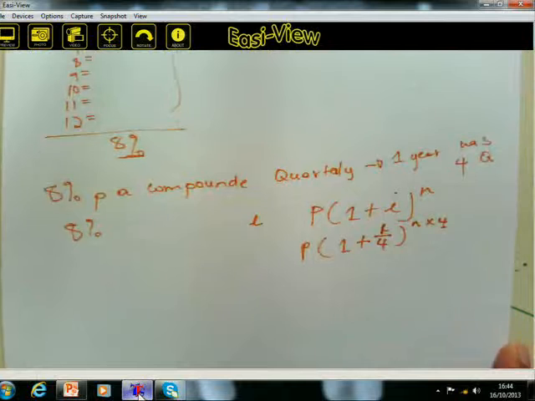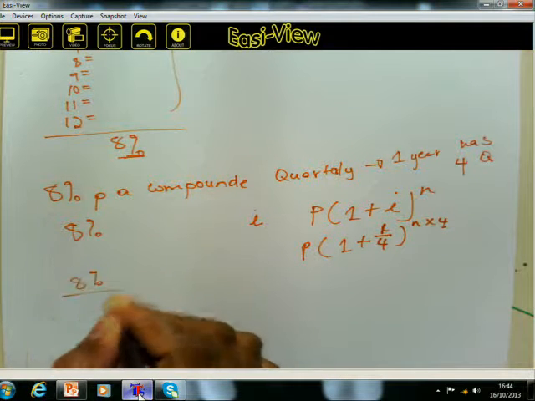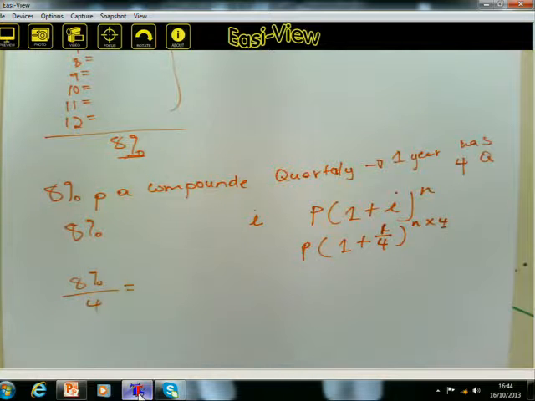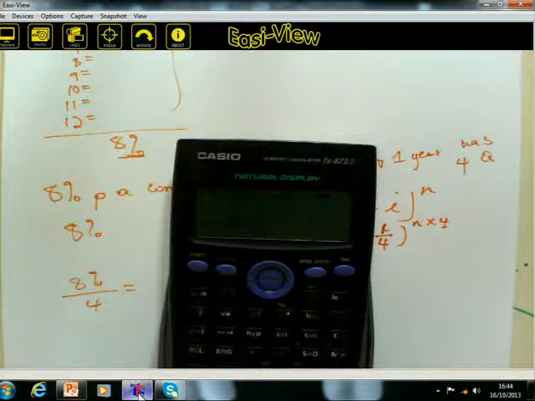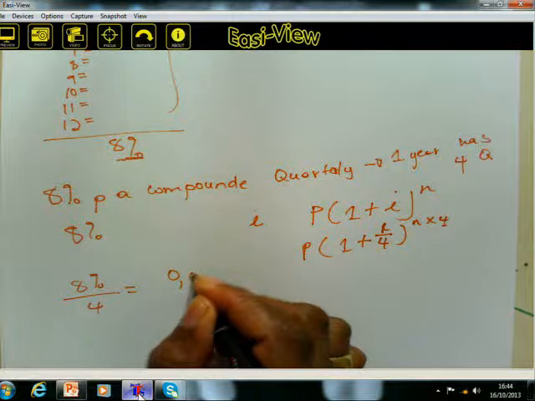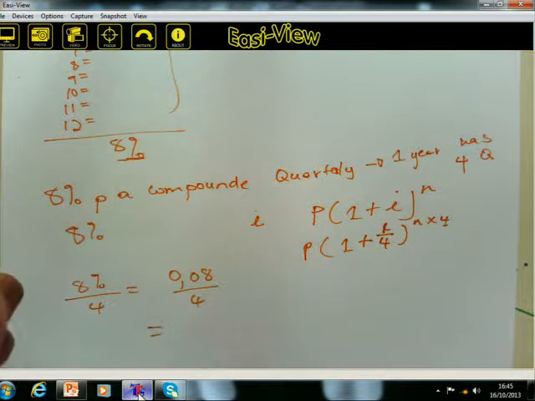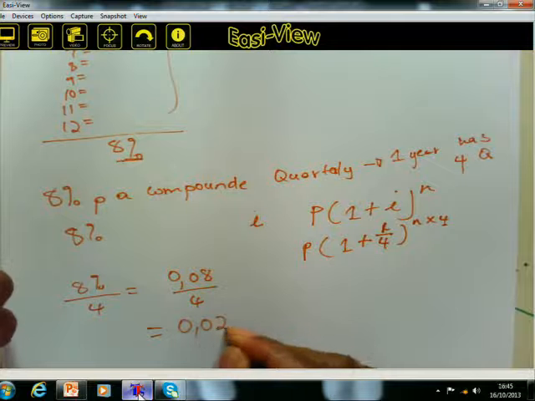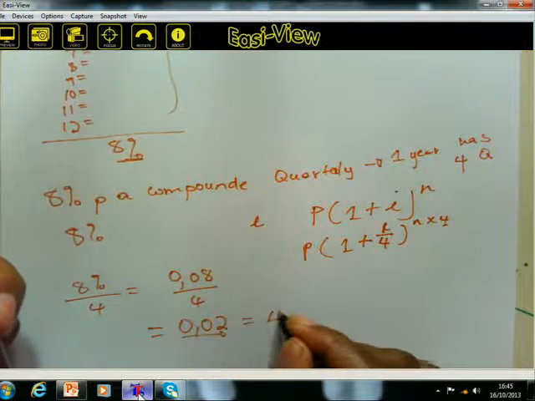So now, same as here, your 8%, you're going to divide it by 4. And then that means for each and every quarter, I'm just going to do it the way it is. 0,08, and then we divide it by 4. How much do we get? 0,08 divided by 4. We get 0,02. So that means you're going to get the 0,02 4 times.